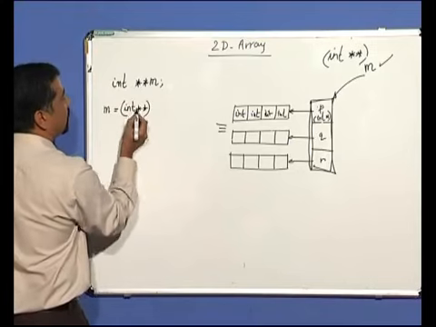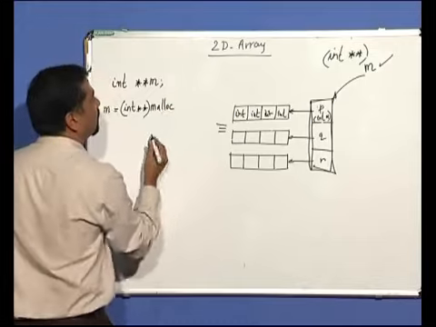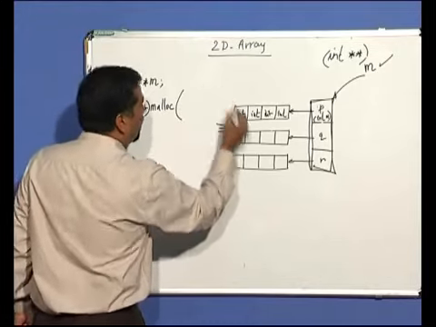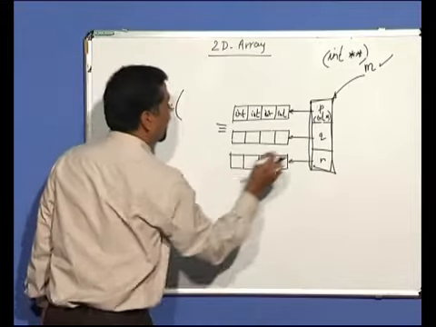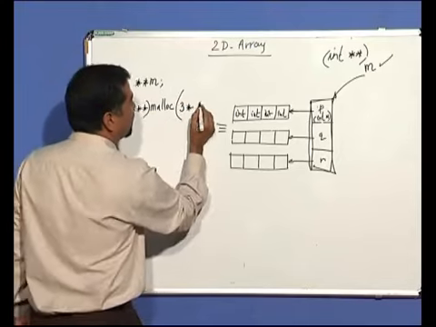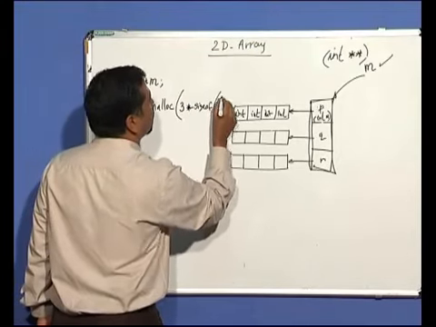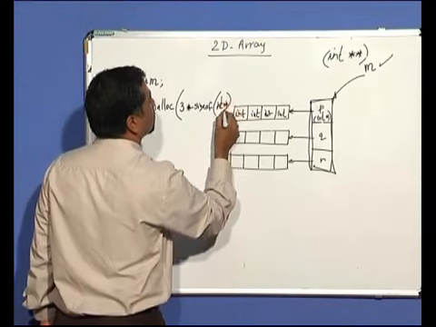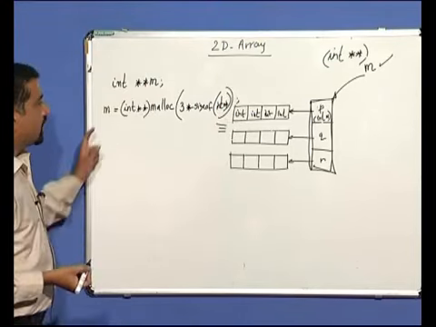Both should match, so it should be the same, followed by malloc, and inside we have 3 elements. What are the elements? Each element is an int star, so you say sizeof int star, close it. That will allocate m and this array. These are not allocated yet.